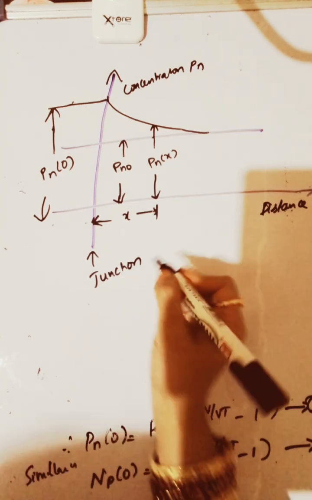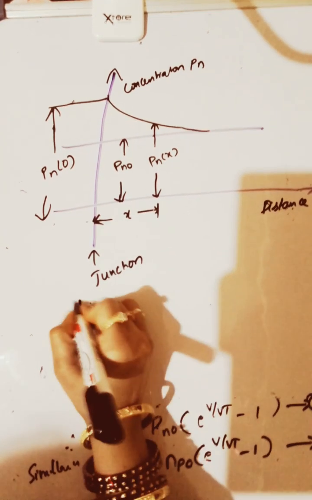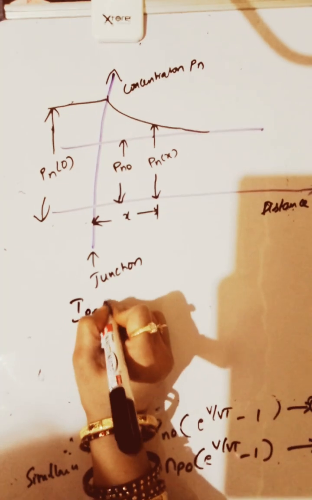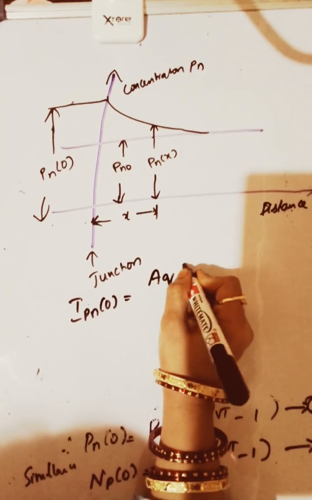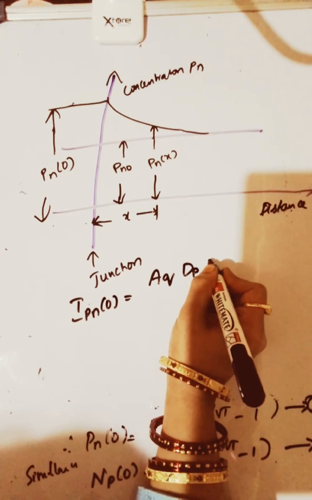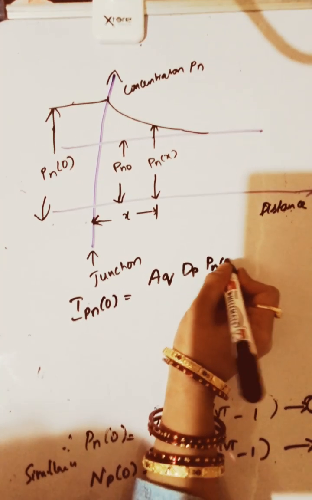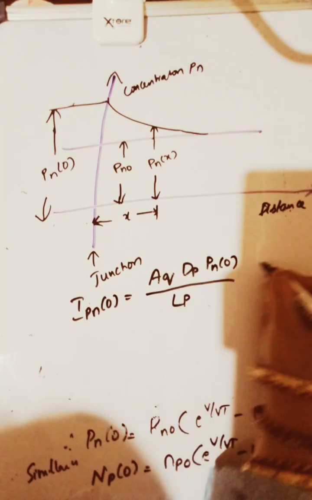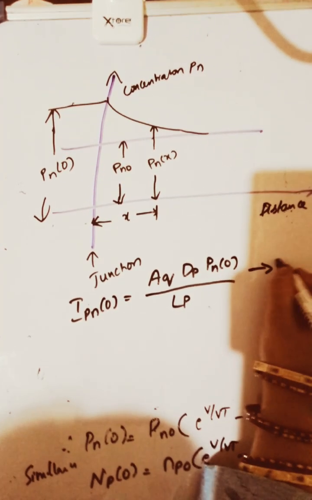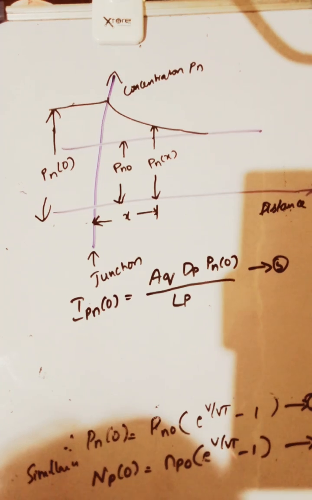That is given by I_pn of 0 is equal to A q D_p P_n of 0 by L_p. This is equation number 5.